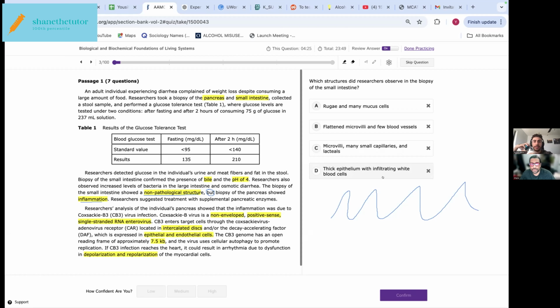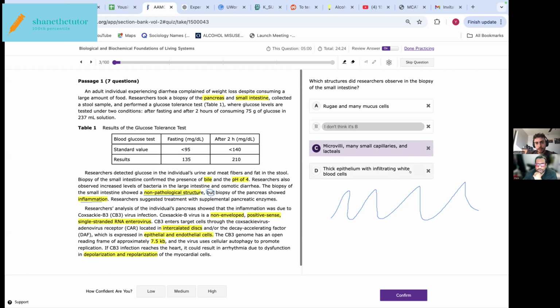First it's saying thick epithelium, which is the outermost layer, right? And then it's saying infiltrating white blood cells. Our blood cells should be in our blood, right? So if it's infiltrating into the epithelium, it means it's coming out of where it's supposed to be.